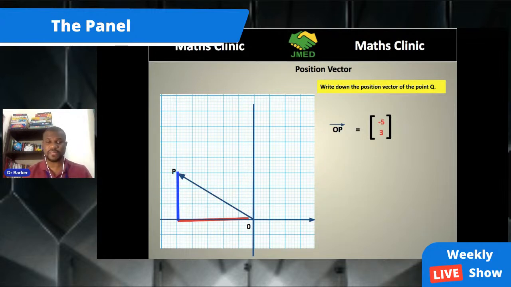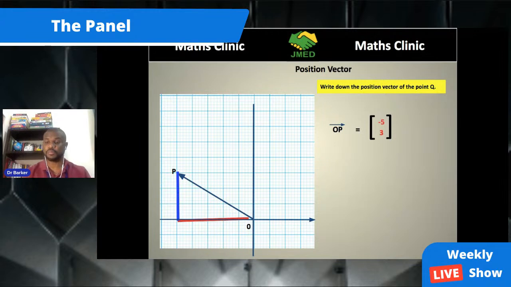A free vector doesn't use an axis as a reference, it's just a line in space, while position vectors are related to the x and y axis. That's why it's called a position vector, because the position is important. And that's why we go OP, because O is always the origin, and on every graph there's always going to be an origin.